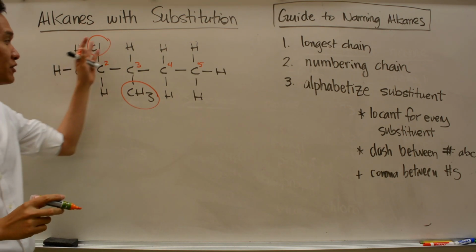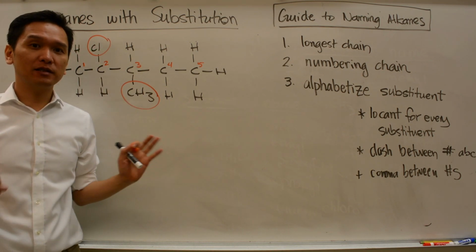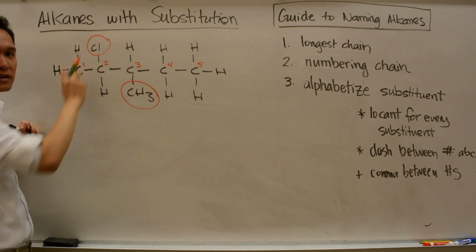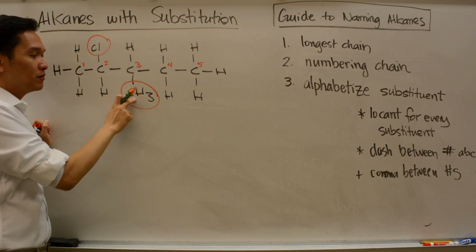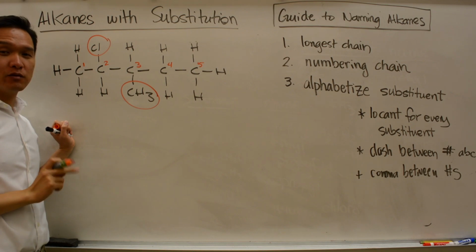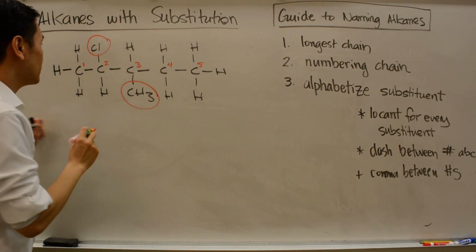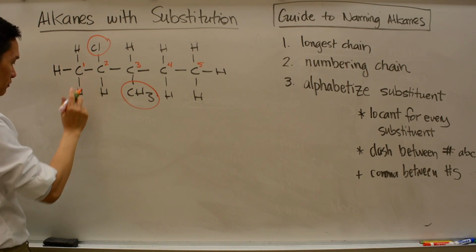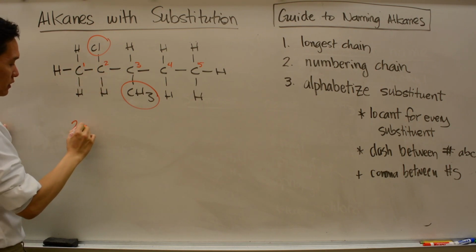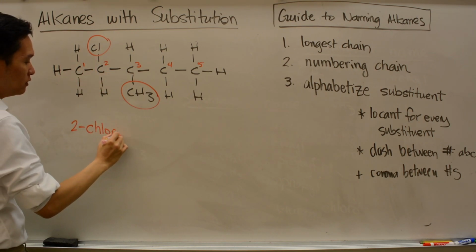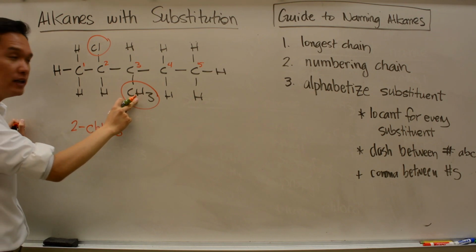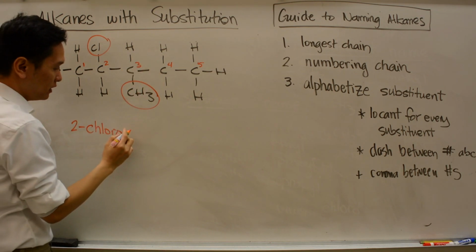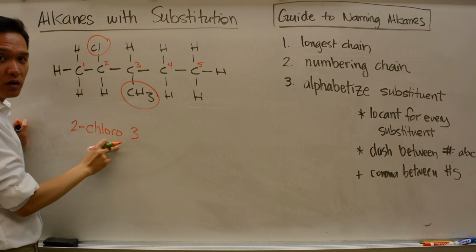In this case, I have 2 substituents, so I have to alphabetize them. Chloro starts with a C. Methyl starts with an M. So which one goes first? The chloro goes first, right? So this will be 2, the locant, chloro, and then 3, the locant for methyl. What do I need between 2 and chloro?